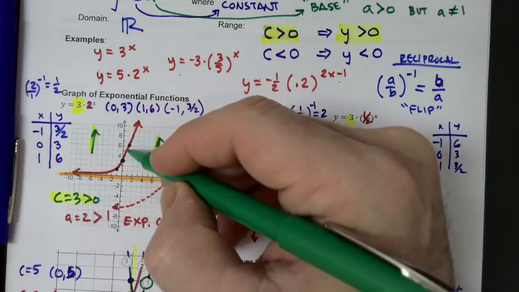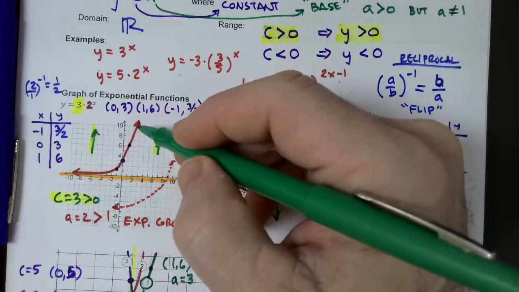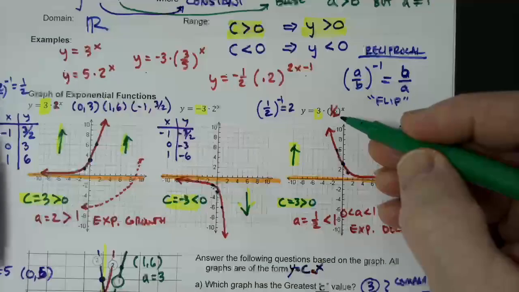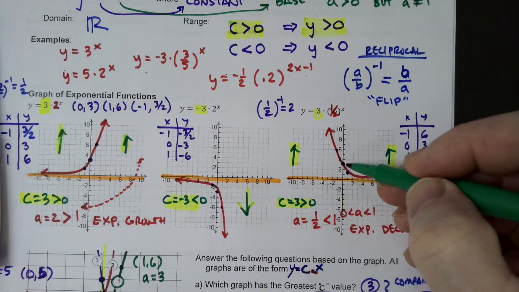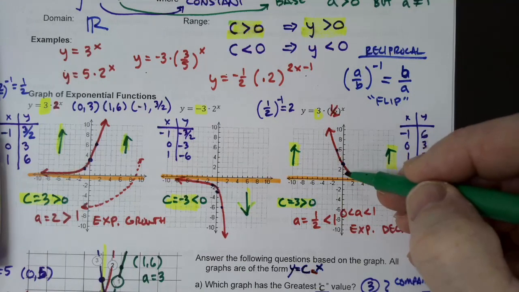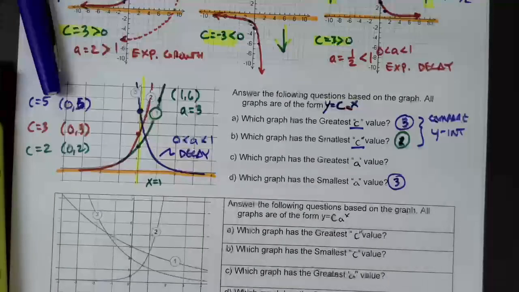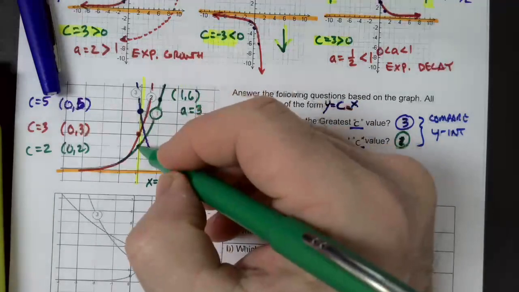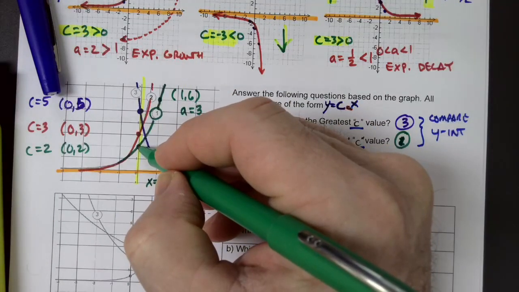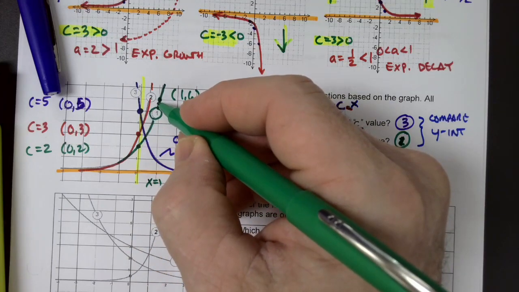Remember what we said here? Since it's 2, it's twice as big. If the base were 3, then we'd be 3 times as big. Over here, we said we are 1/2 as big, so if we were, say, 1/3, we'd be even farther down here. So, again, in order to find our a values, what we're doing is comparing where we were at the y-intercept to x equals 1.